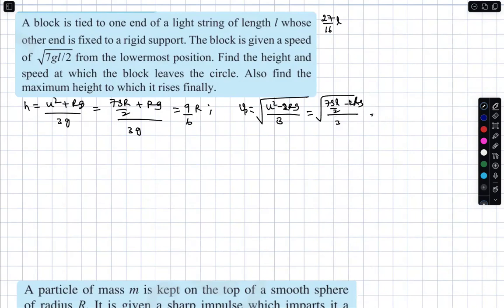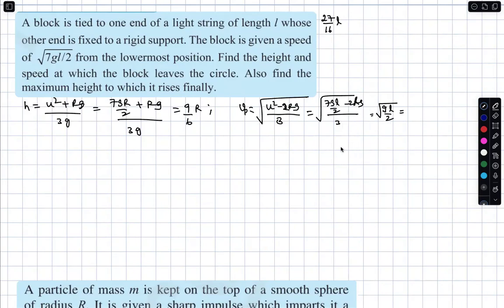Here 7 minus 4 is 3gL/2, divided by 3, the 3 cancels. So the speed is root of gL/2. Clear?